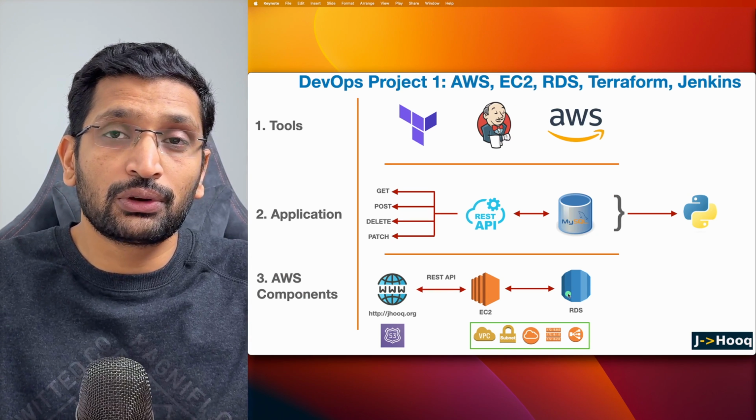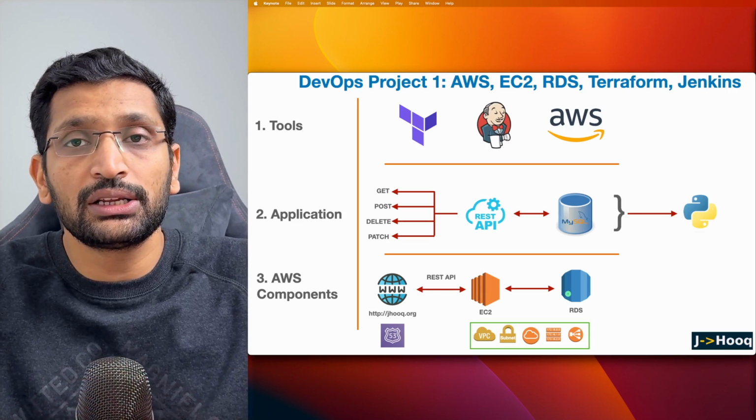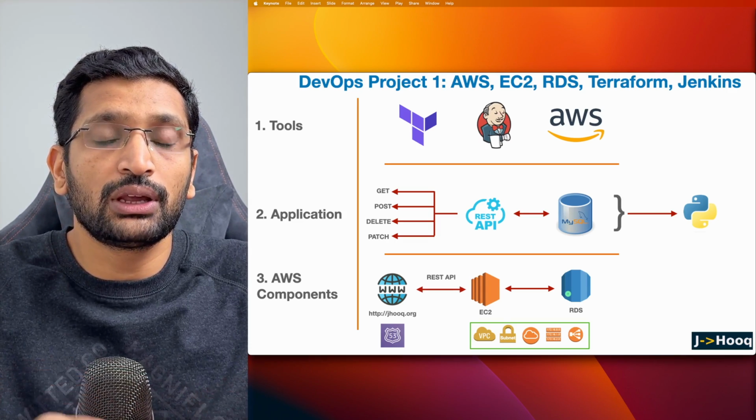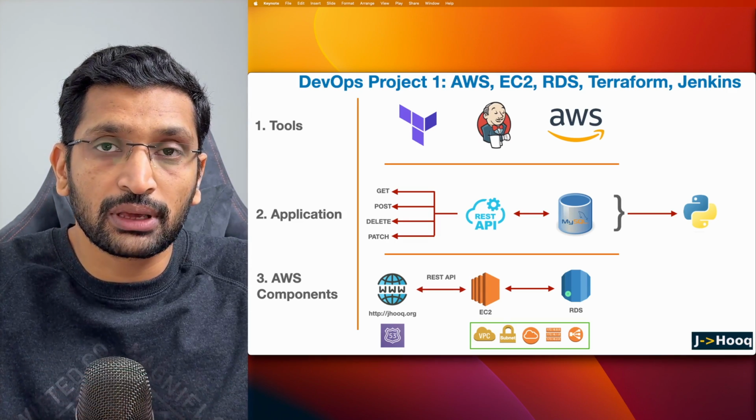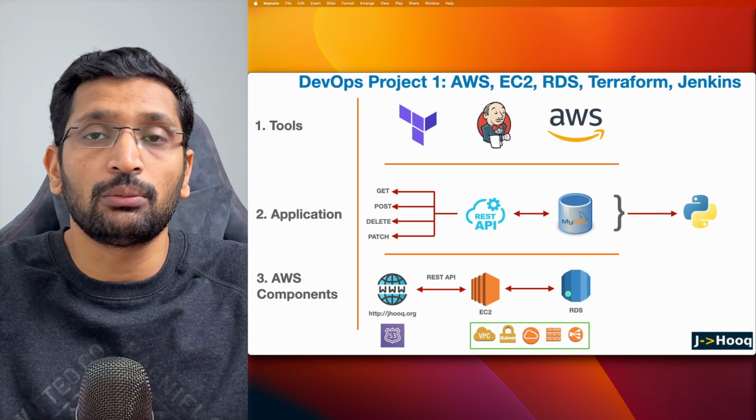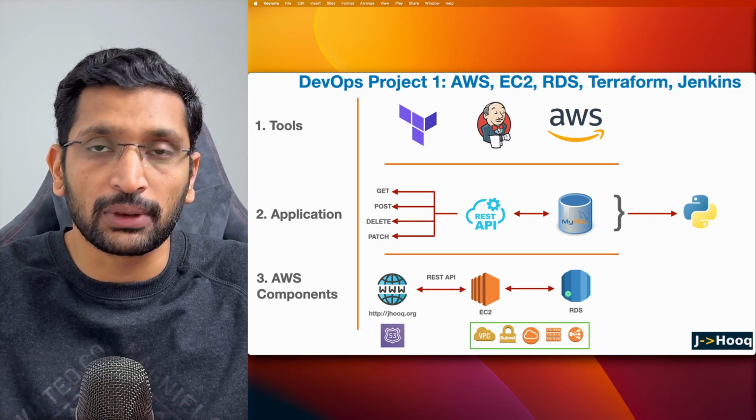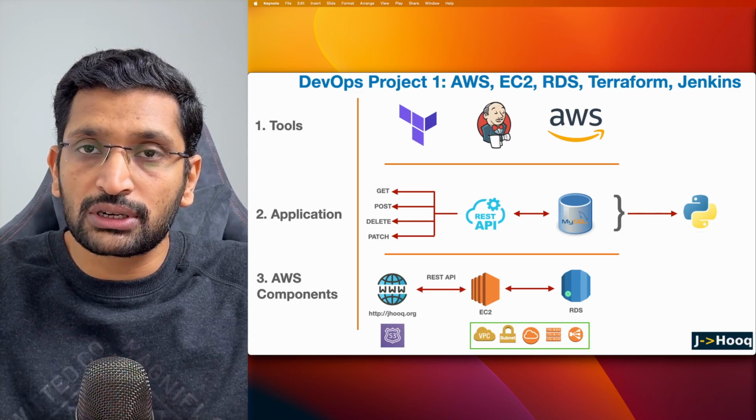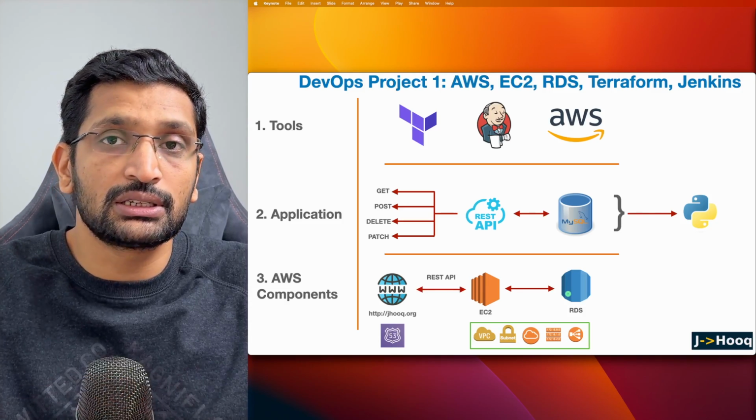One side note for this project: the whole implementation is very generic, and although we are using the Python-based Flask REST API, you can replace that component with Node.js or any other application, and the rest of the infrastructure setup and CI/CD pipeline will still remain the same.